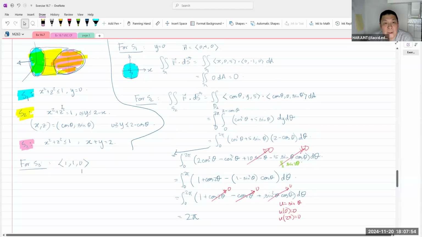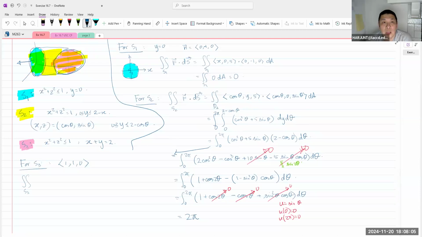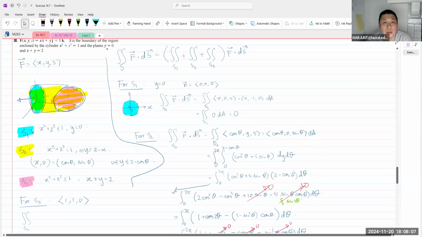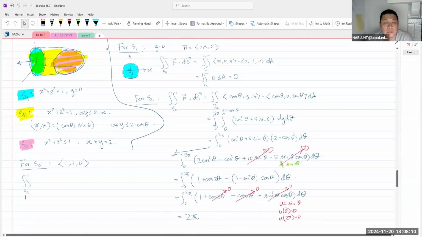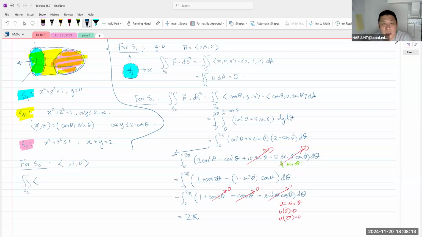And then the double integral over S3 of x, y, 5 dot 1, 1, 0 dA. The while need to be written as 5 minus x. And so I need to call this D3 now, the domain.